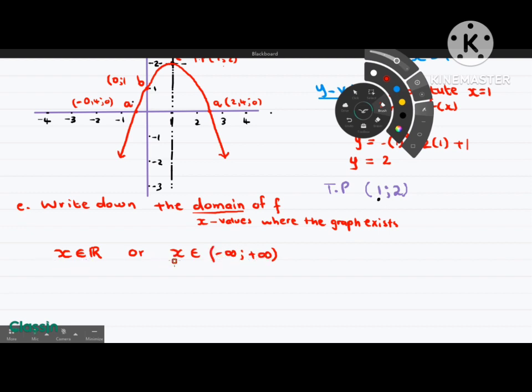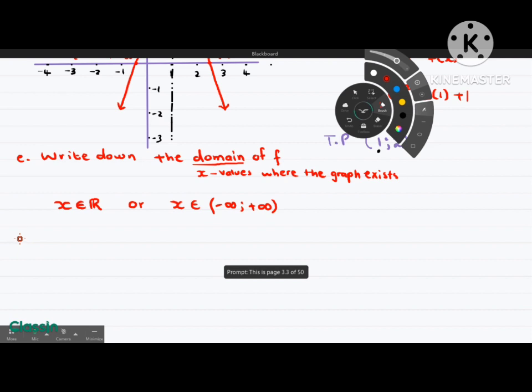And then again, they can ask you, write down the range of F.